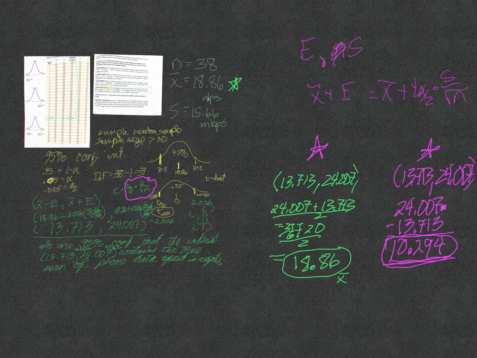And so I don't need all that. I just need that the error is equal to t sub alpha over 2 times s over the square root of n. If you know this formula, then you could solve for any one of these variables if you know some of the other variables.